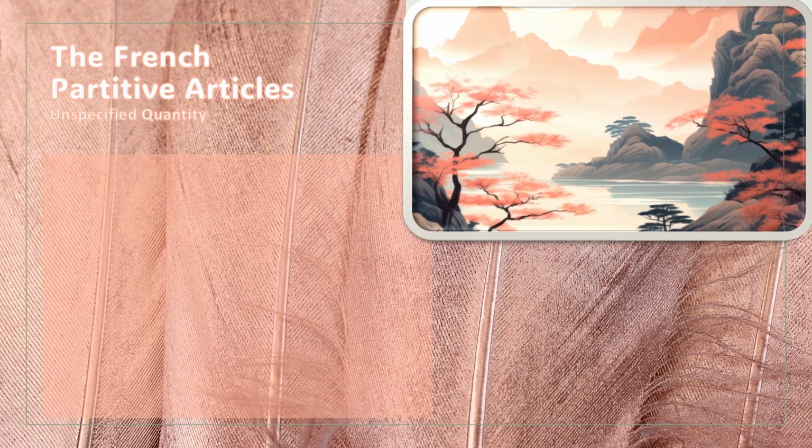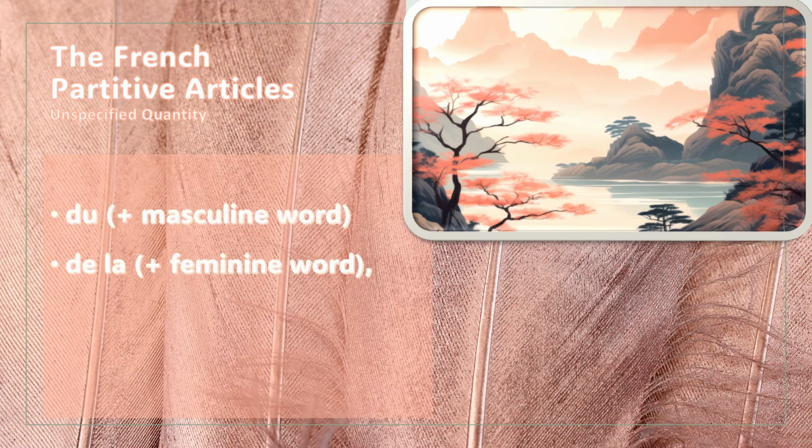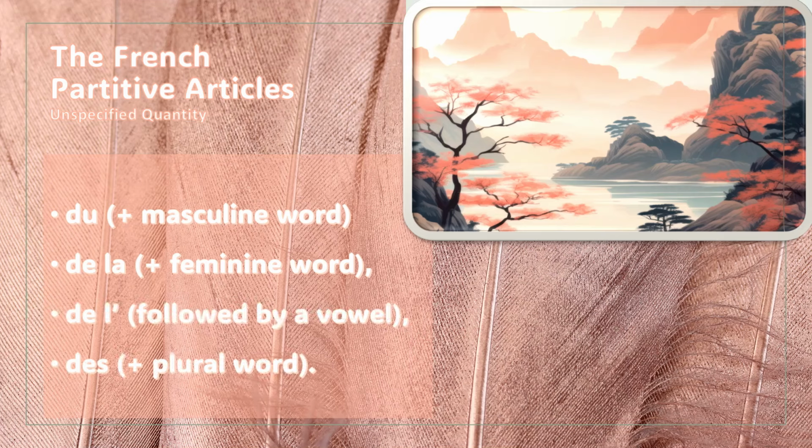Now let's talk about the partitive articles. As you already know, there are 4 of them. Du, de la, de l', and des. So when do you use them? When you're talking about a portion of an item, like food items or something that cannot be quantified, for example, qualities like patience.